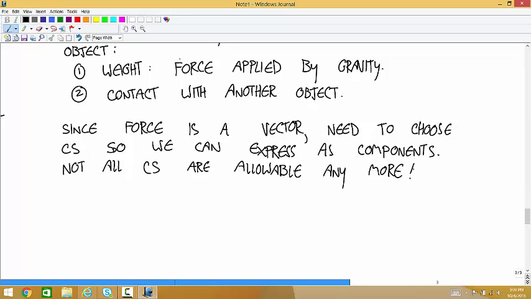Okay, so in kinematics, we did say that there are rules for what a coordinate system is. The axes have to be perpendicular, and it has to be a rotated version of this, not a flipped version. But outside of that, the coordinate system could be doing anything we want, and the kinematics equations hold. Now we're going to be more restrictive. So in kinetics, coordinate systems must be inertial.